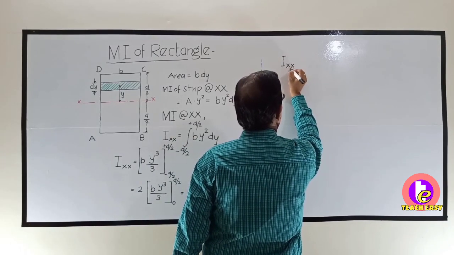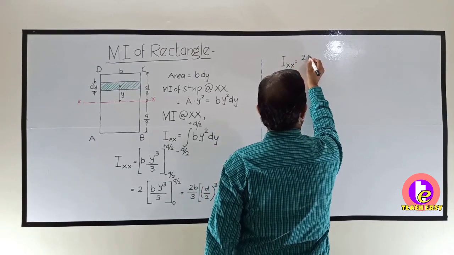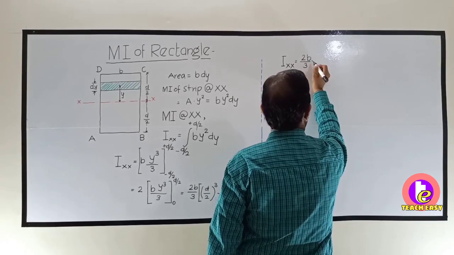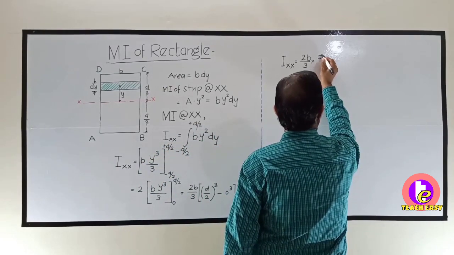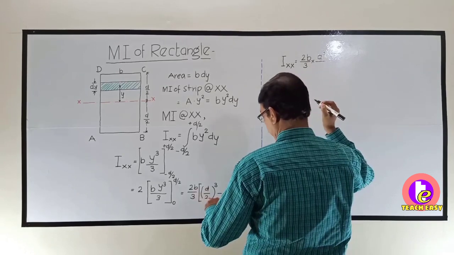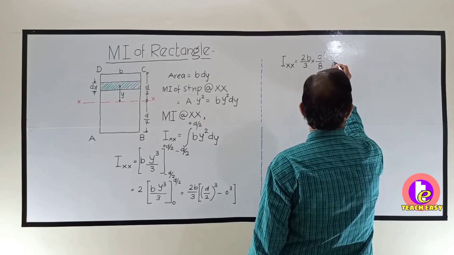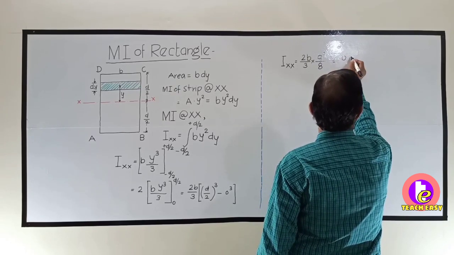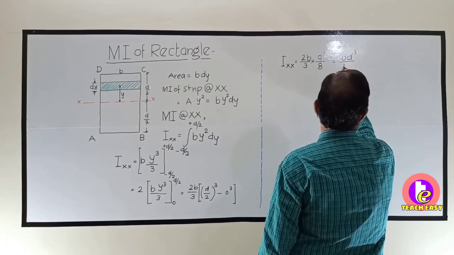Therefore, I will get Ixx is equal to, look here, 2b upon 3, it will be d cube divided by cube of 2 which is 8, and hence finally it will be b into d cube by 12.